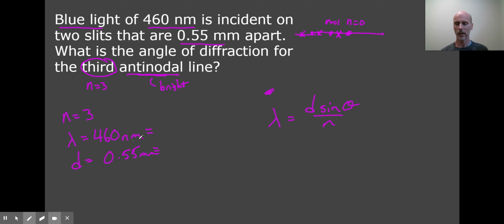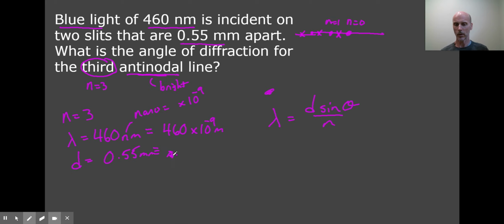So in this case, it's just easier. I happen to know, and you'll get familiar with this too, that a nano is the equivalent of times 10 to the minus 9. So the easiest way to put this into meters is to literally put 460 times 10 to the minus 9 meters.